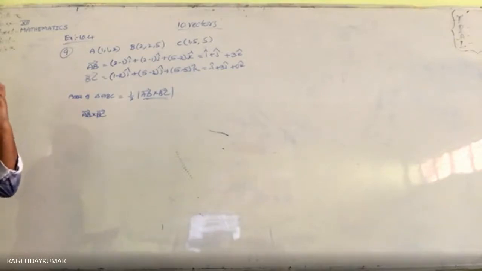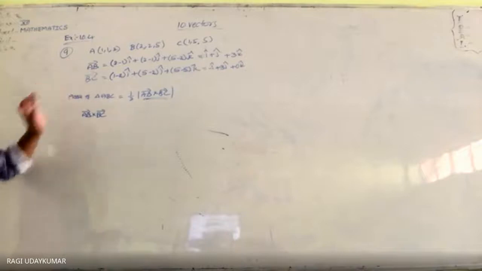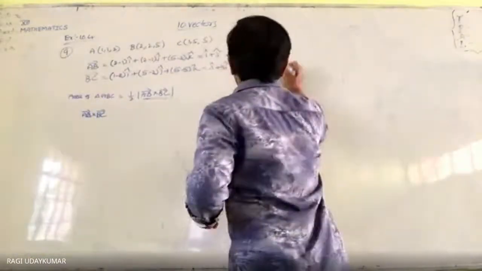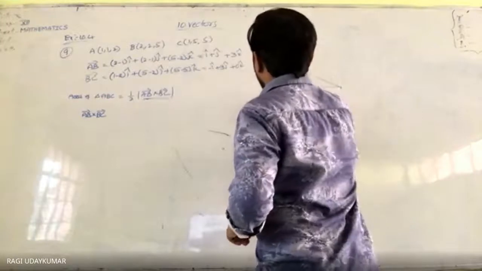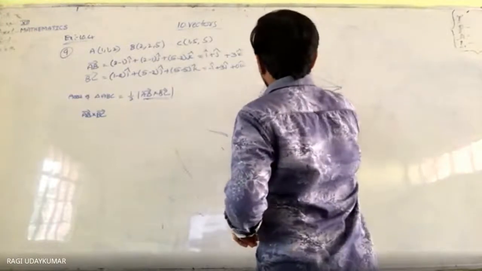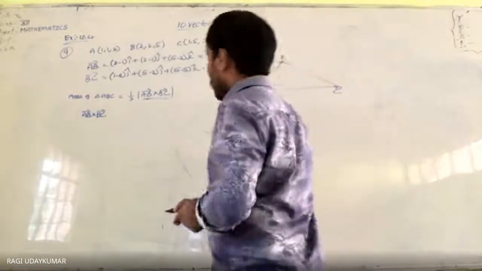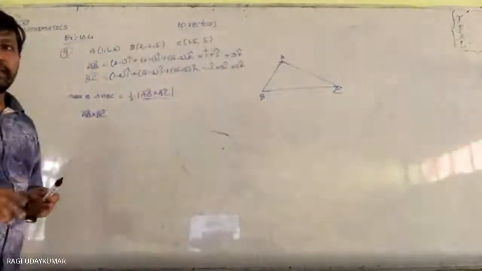Wait, I think we read this wrong. Taking the triangle ABC, the vectors are to be taken carefully. Sorry.